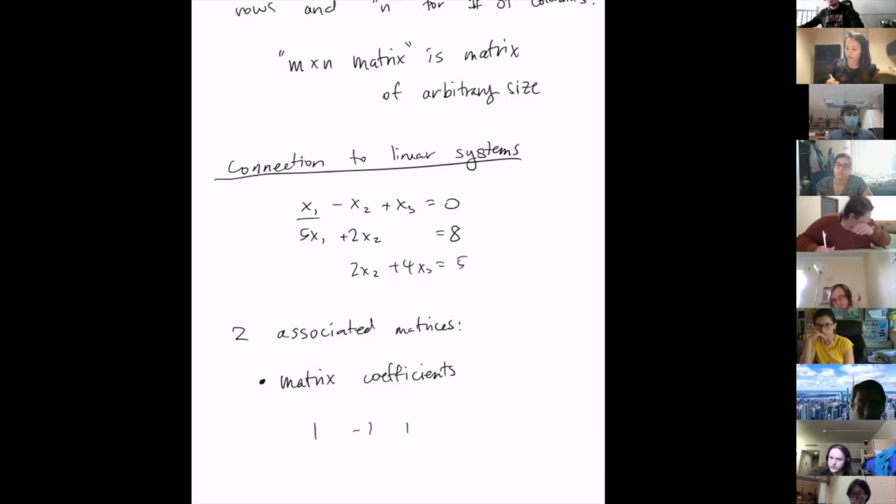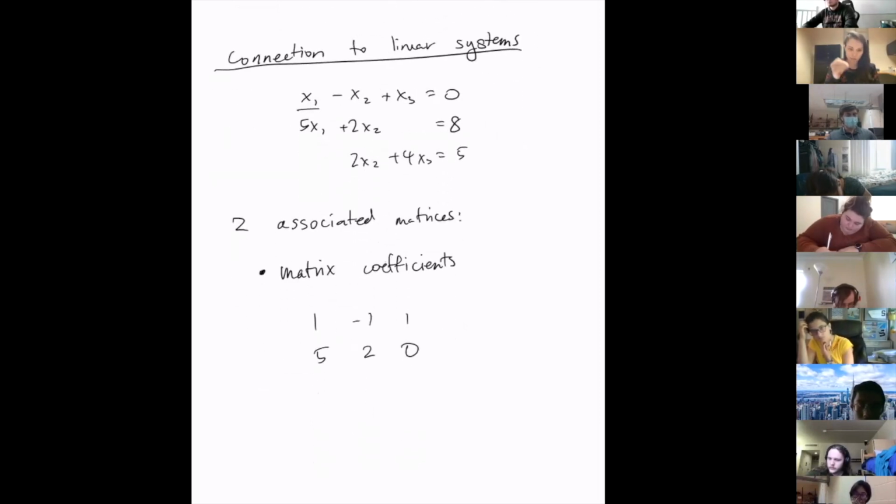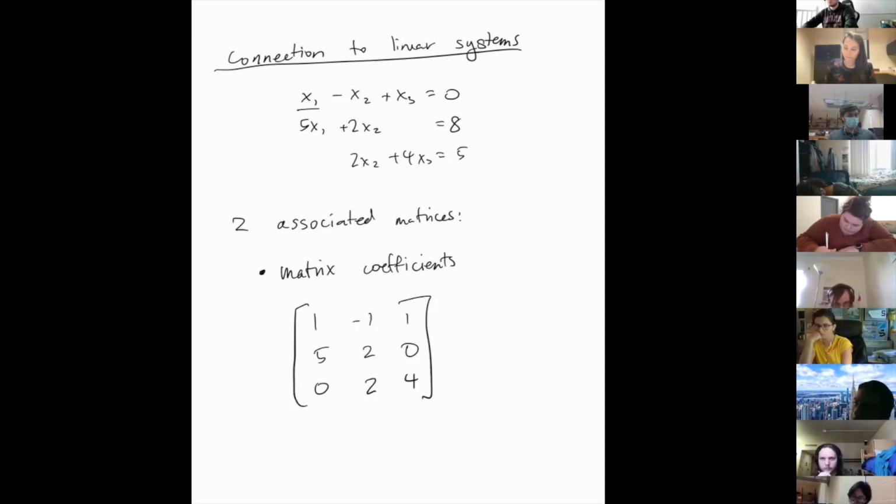And then we get 1. Next, we have the second row, we get a 5, 2, and then since there's nothing there for x3, we put a 0, right? In the third row, we also put a 0 for the first variable, and then we have 2 and 4. So we just stick all of those coefficients into a matrix. That's the matrix of coefficients.